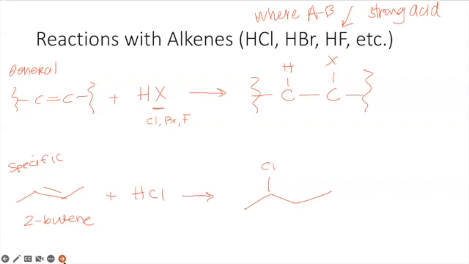And for the sake of this course, it doesn't matter if you put the chlorine on this carbon atom or this carbon atom. If we were to take a more intense organic class, it would matter, but here it doesn't. It's just as long as it's on one of the carbons that was touching the double bond.